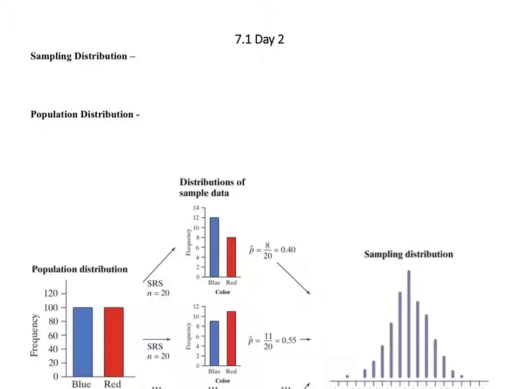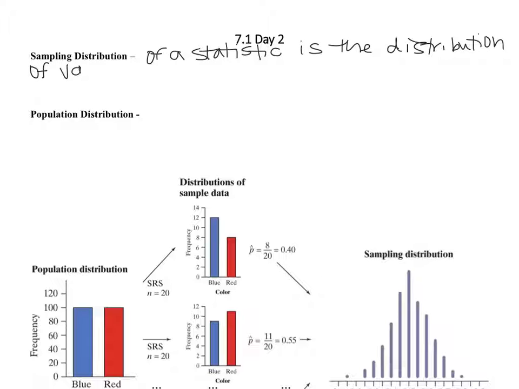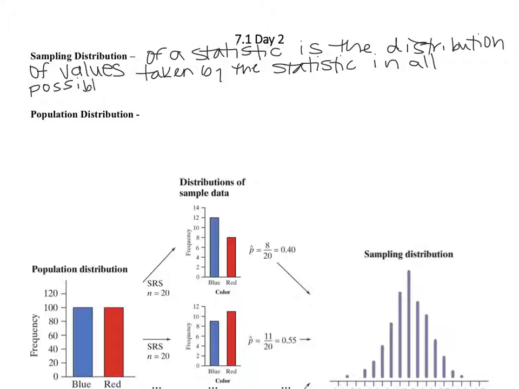So first we're going to look at a sampling distribution. A sampling distribution of a statistic is the distribution of values taken by the statistic in all possible samples of the same size from the same population.